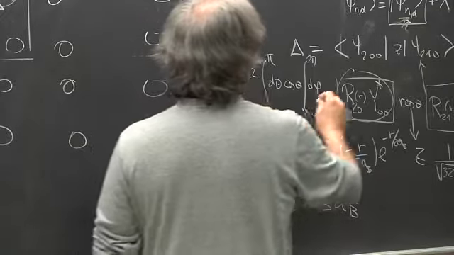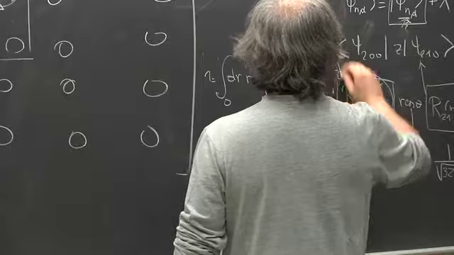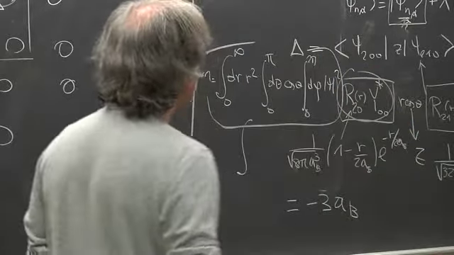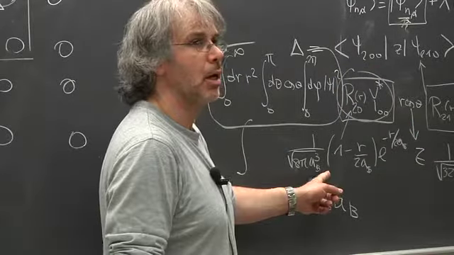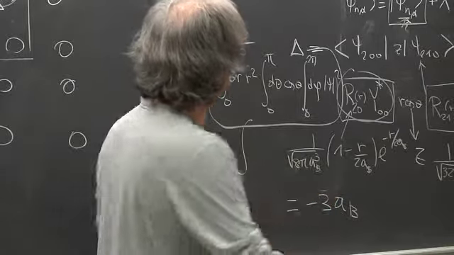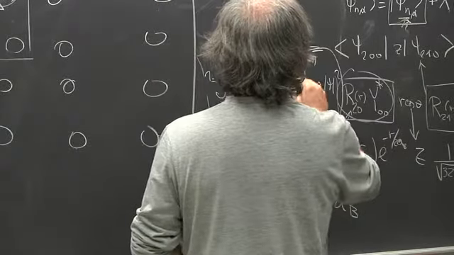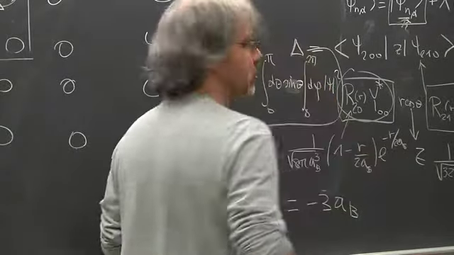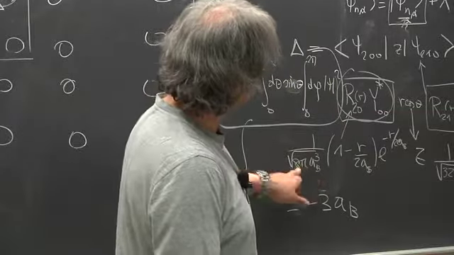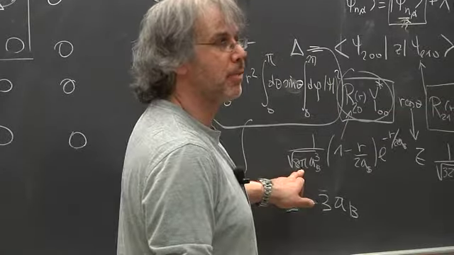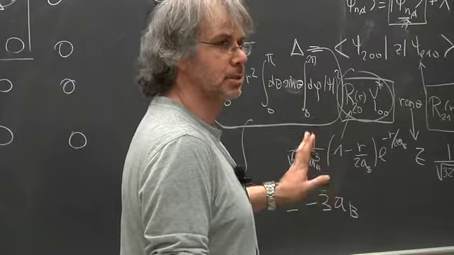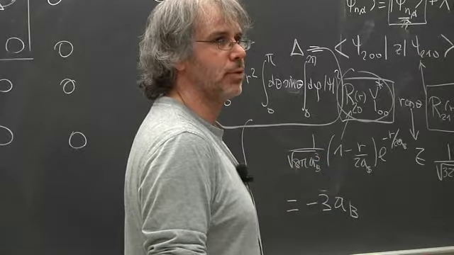Indeed, the coefficients here, the 8 pi, are just the right ones to normalize everything.